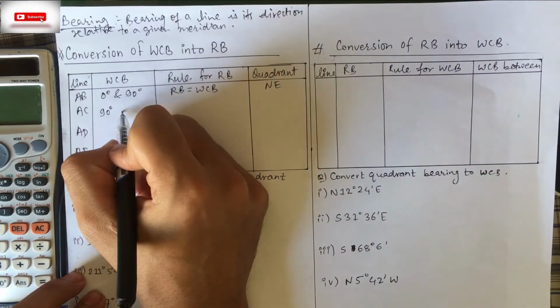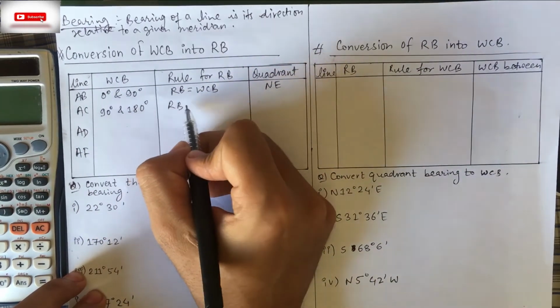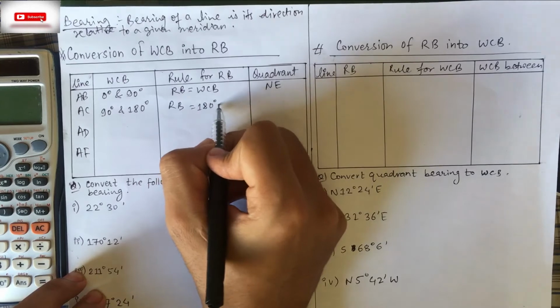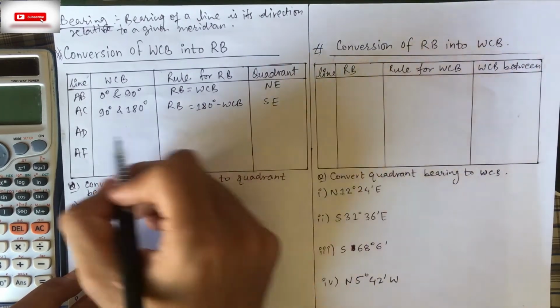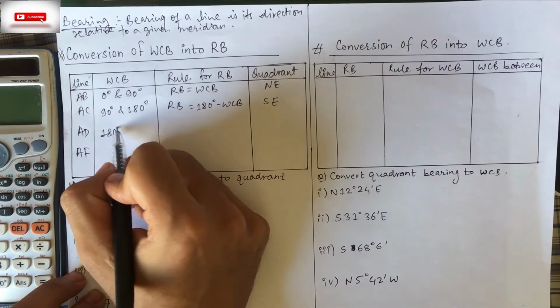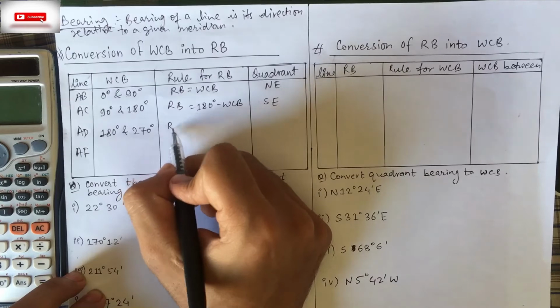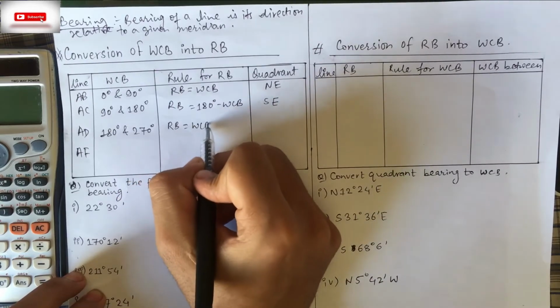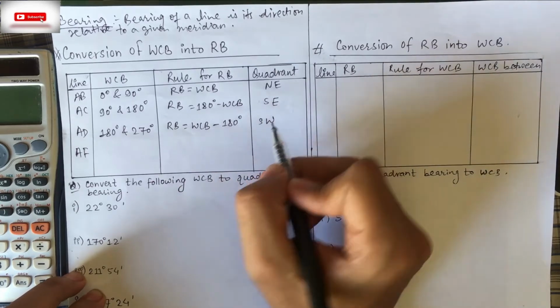Now this will be 90 degree and 180 degree. Then RB is equal to 180 degree minus WCB. This will be in the southeast quadrant. Now AD, 180 degree and 270 degree. RB is equal to whole circle bearing minus 180 degree, and this will be in southwest.